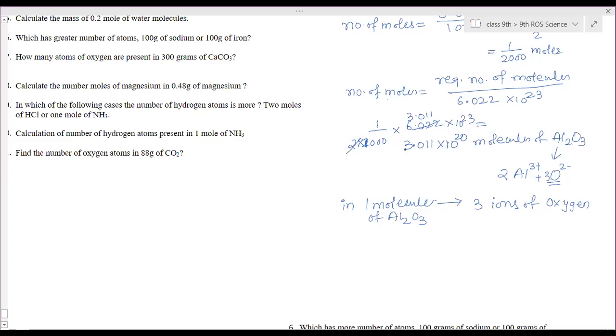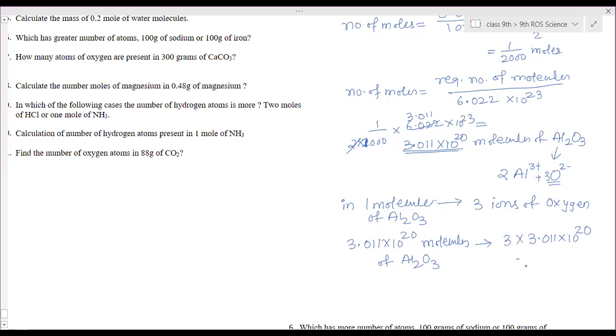Now in these many molecules, 3.011 into 10 to power 20 molecules of aluminium oxide, how many oxygen ions will be present? In one molecule, 3 ions are there. So in these many molecules, how many will be there? 3.011 into 10 to the power 20 into 3. So 3 into 3.011 into 10 to power 20, that is 9.033.